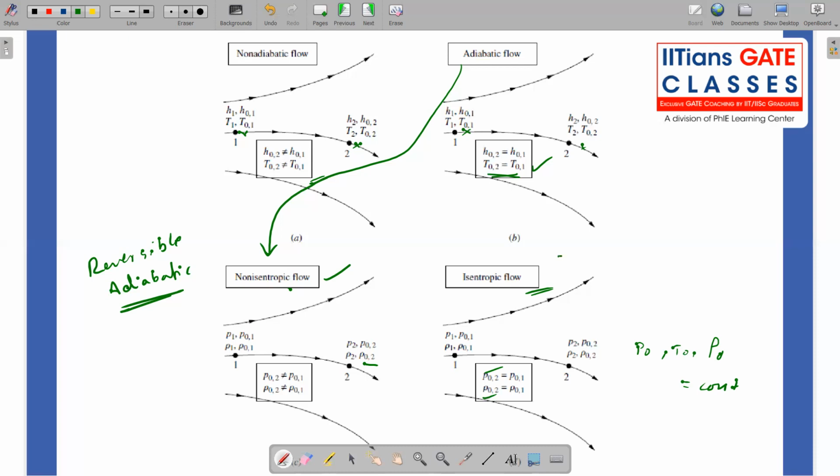Say I have some streamline over here, and some point A, with some pressure, density, and temperature, that is, the thermodynamic state of a fluid particle at this point.